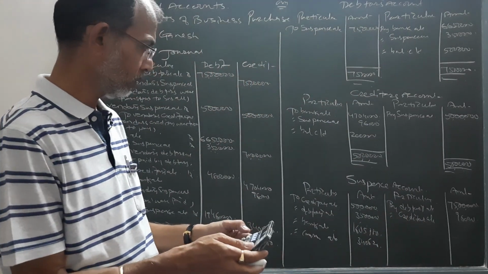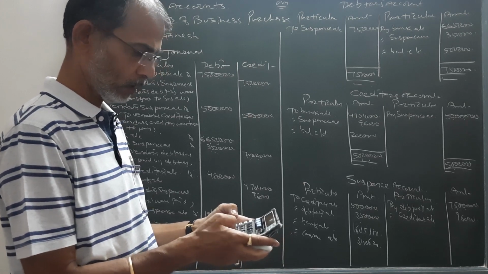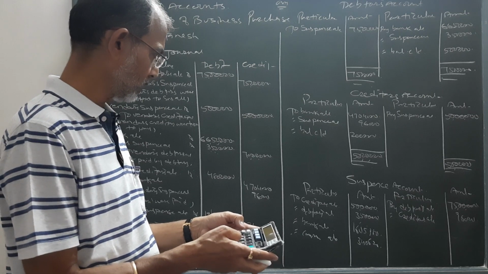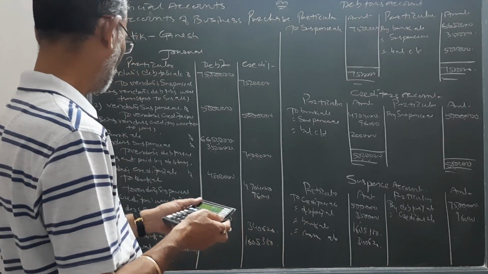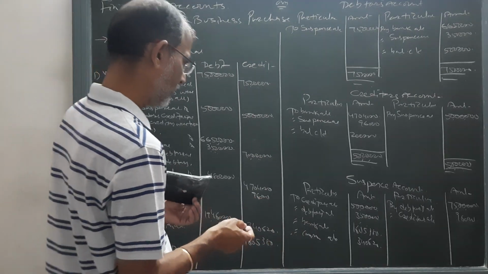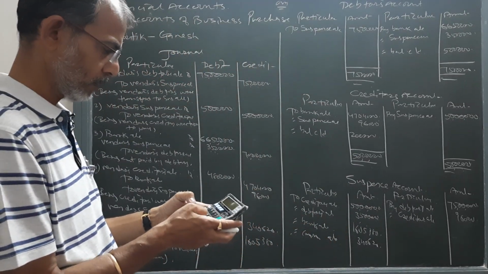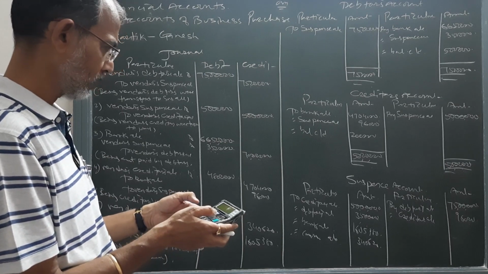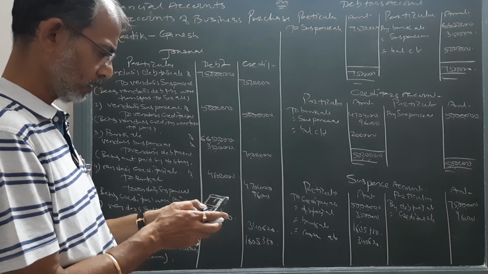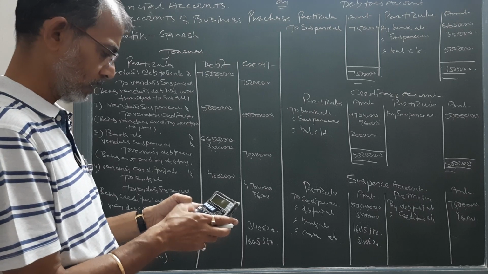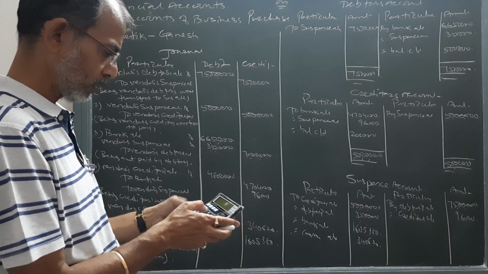Now suspense account: 75 lakh plus 96,000, minus debtors of 50 lakh, minus 3 lakh 50,000, 16 lakh 5,380 and 3 lakh 40,620.